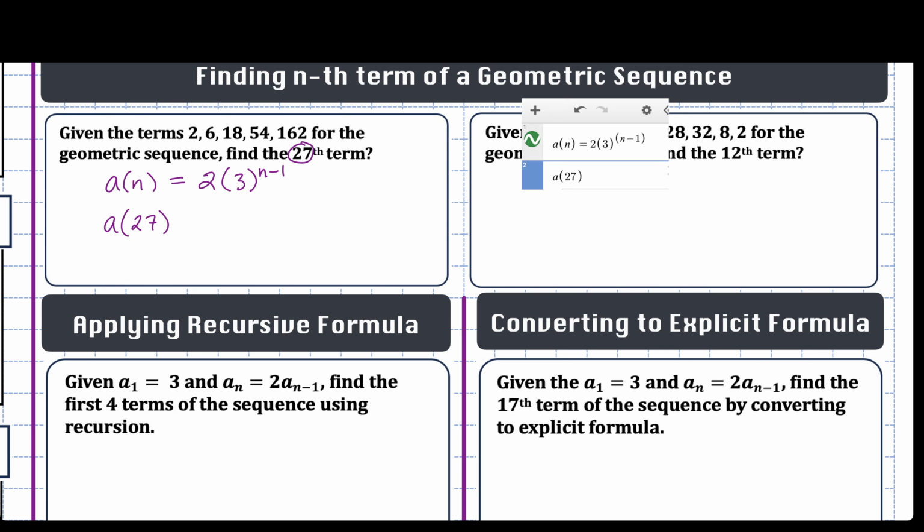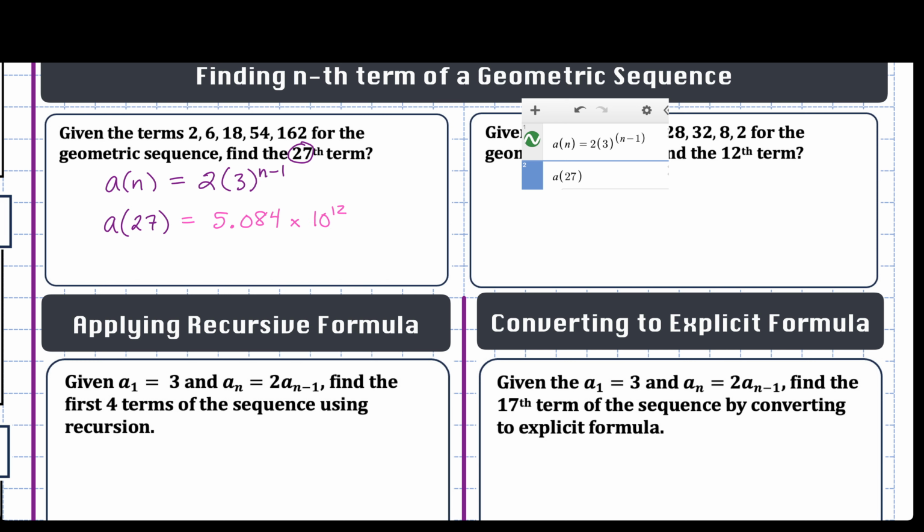But for this one, we'll just round it to the nearest thousandths. So this would be 5.084 times 10 to the 12th.